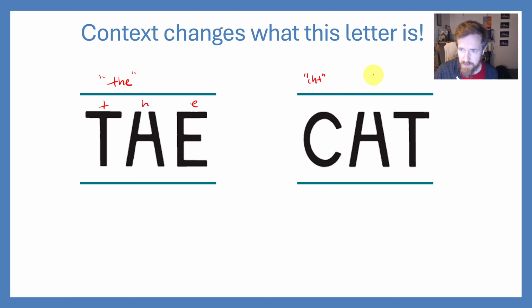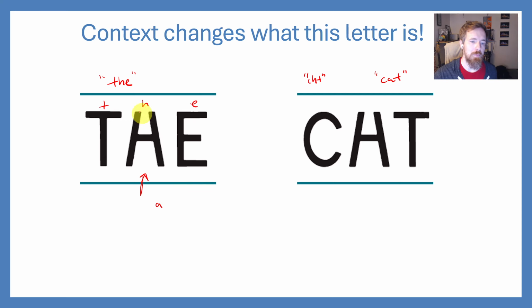But we're going to see some people say that it says CAT, right? And the whole point of this is that here, almost nobody sees this as the letter A, right?